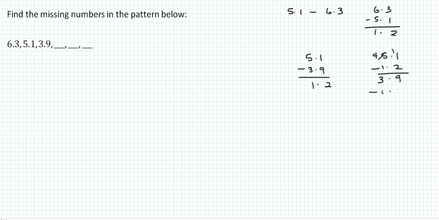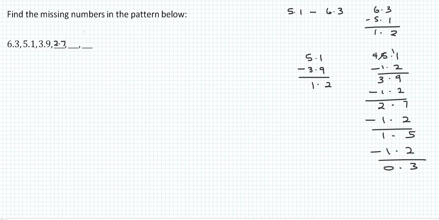We subtract 1.2 from this, we have 2.7, then we subtract 1.2 again, we have 1.5, then we subtract 1.2 again, we have 0.3. So our next terms are going to be 2.7, 1.5, and 0.3.